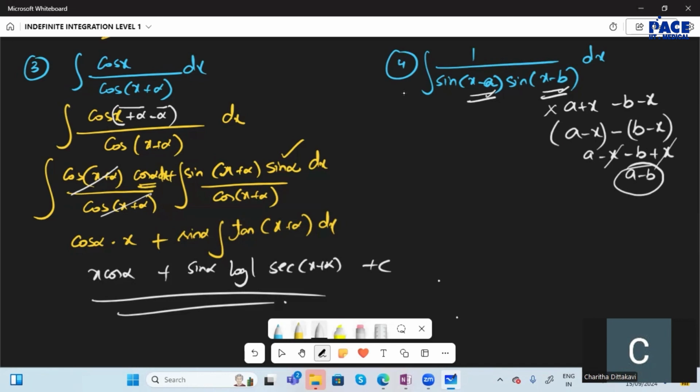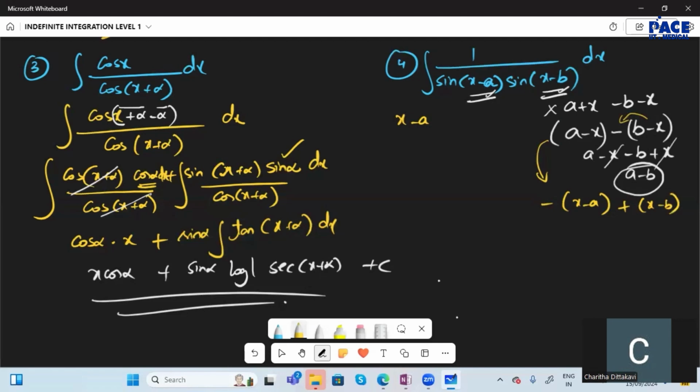Or rather than that, you can also do it this way. We need x minus a. So if I take a minus sign common from this, I can get x minus a. And here also, if I take a minus sign common, minus of minus plus x minus b, isn't it?